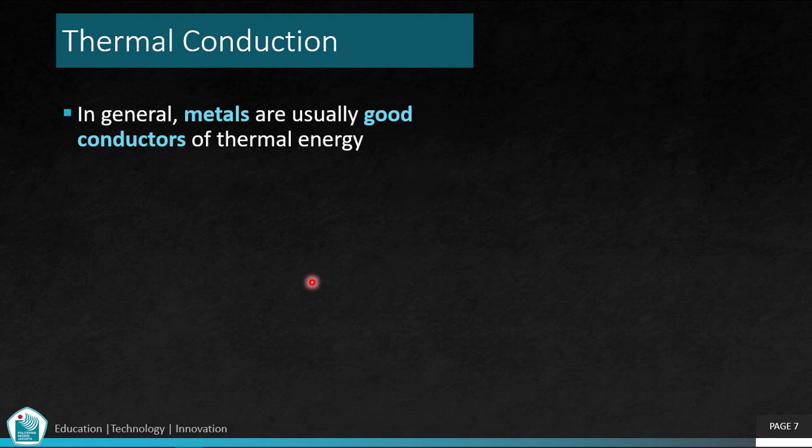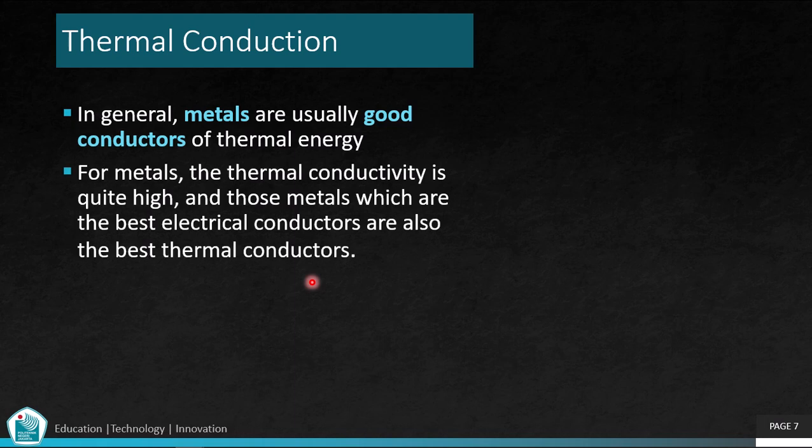In general, metals are usually good conductors of thermal energy, and it's closely associated with their good electrical conductivity. For metals, the thermal conductivity is quite high, and those metals which are the best electrical conductors are also the best thermal conductors.